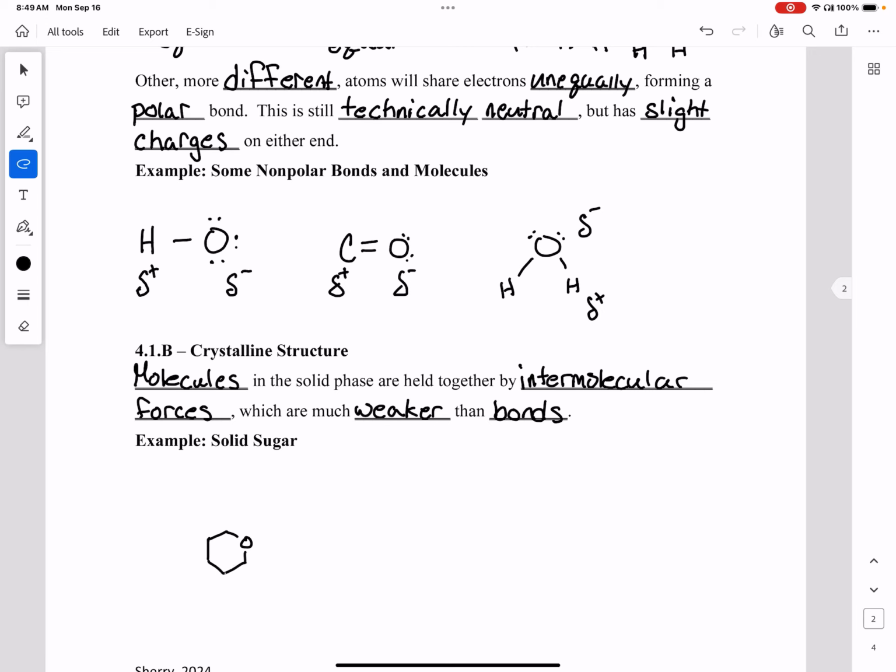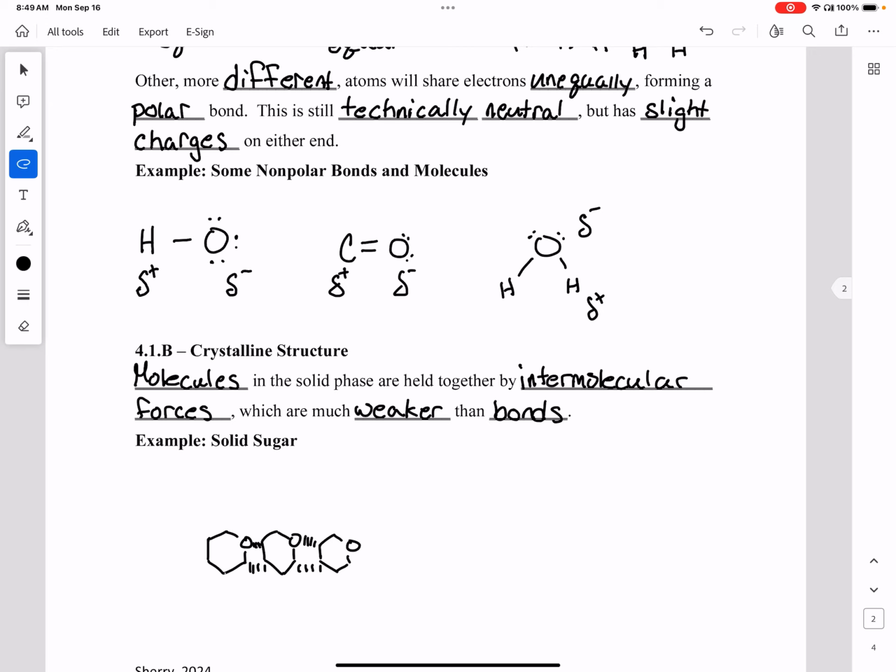Don't worry about how we're drawing it. Just go with me here. Okay, and so they're held together with these intermolecular forces, much weaker than a bond.